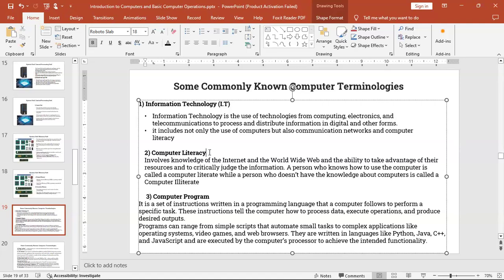But someone that doesn't have knowledge of a computer and its components is a computer illiterate. So I want to congratulate you all because you all fall under the category of computer literates. You are not computer illiterates. So you should be happy for that.